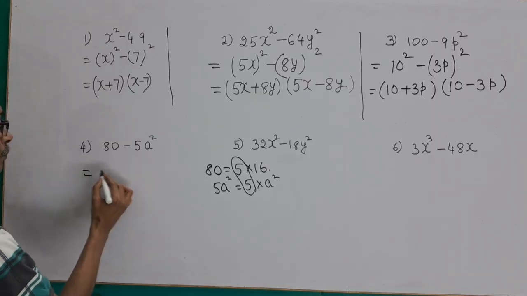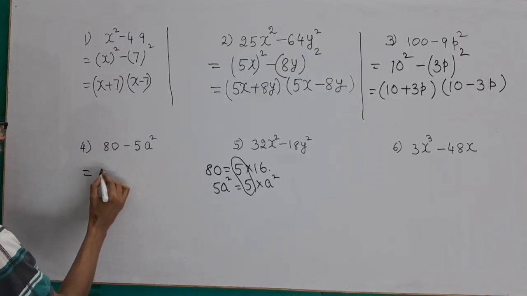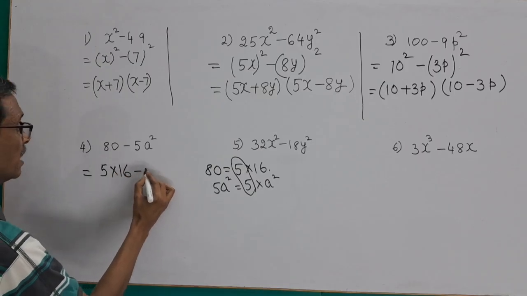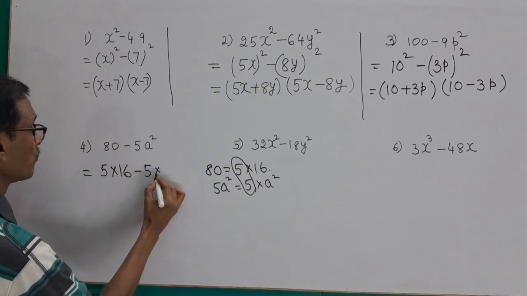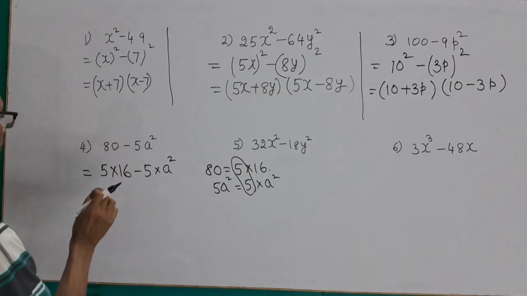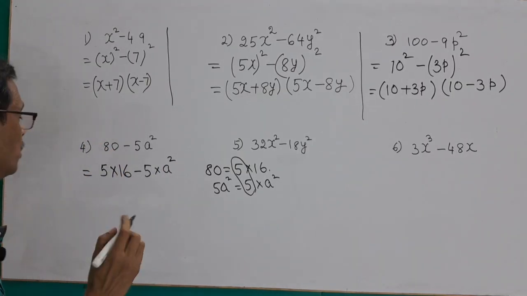So if you treat 80 as 5 into 16 minus 5 into a square, then as I explained in the beginning, you can take 5 common.